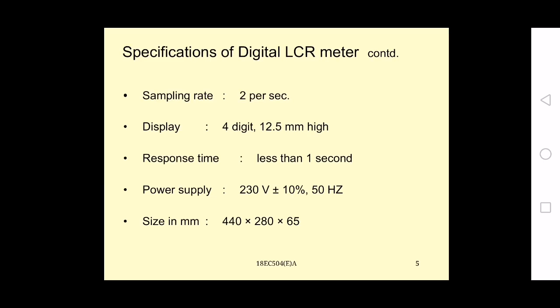Response time is less than 1 second. So response time is how much? Less than 1 second. Power supply is 230 volts plus or minus 10% with a 50 hertz supply.